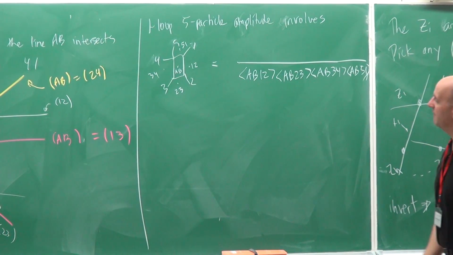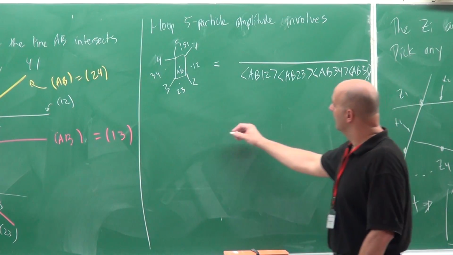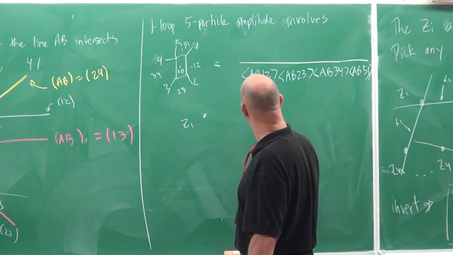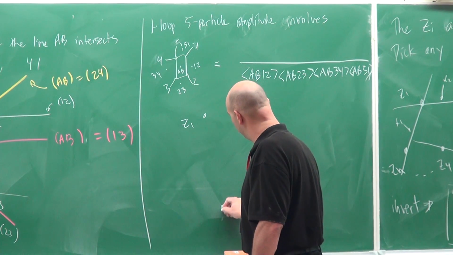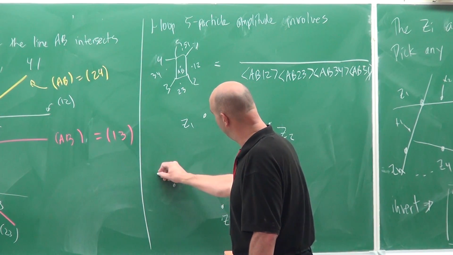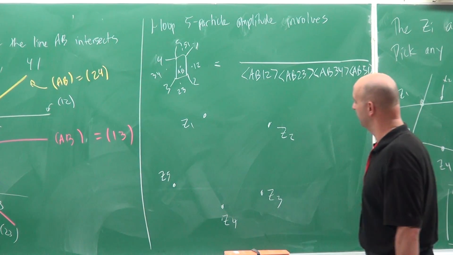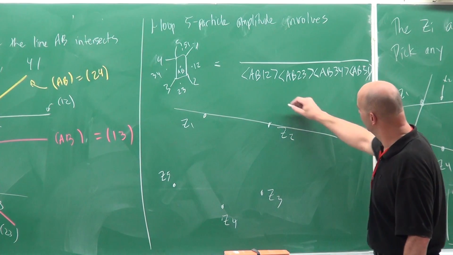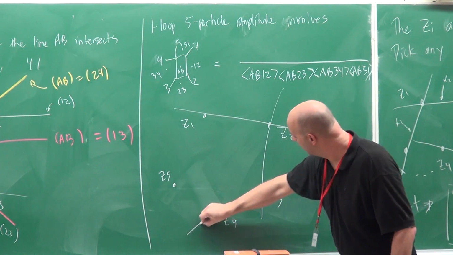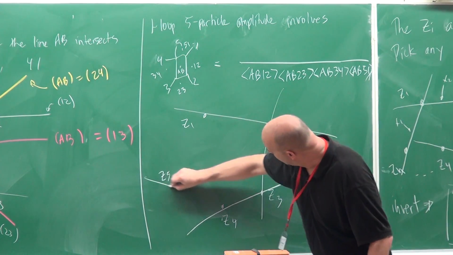So again, we have a geometry problem. If this is Z1, Z2, Z3, Z4, and Z5 in momentum twistor space, then these four lines are 1 2, 2 3, 3 4, and 4 5.